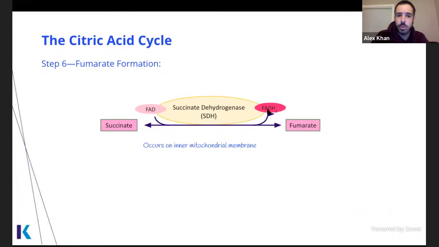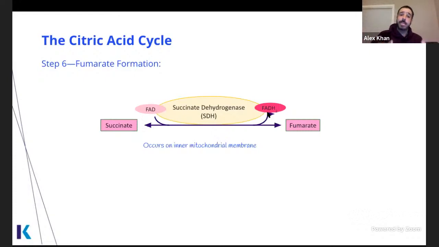So this is kind of cool because the high energy electron carriers that are created in this process are directly delivered to the electron transport chain, because the enzyme is part of one of the complexes in the electron transport chain.